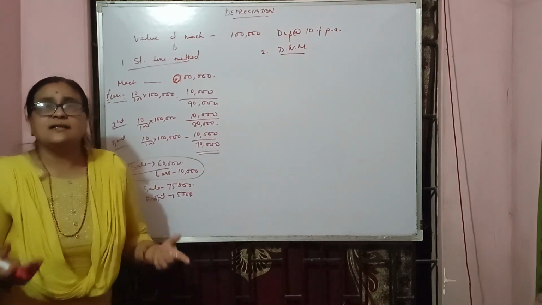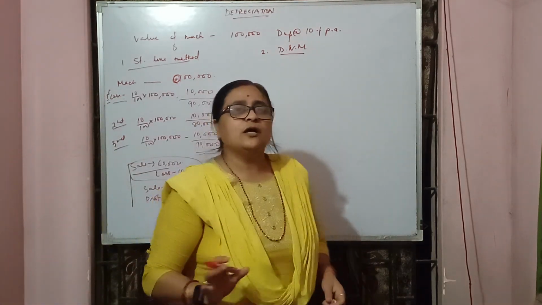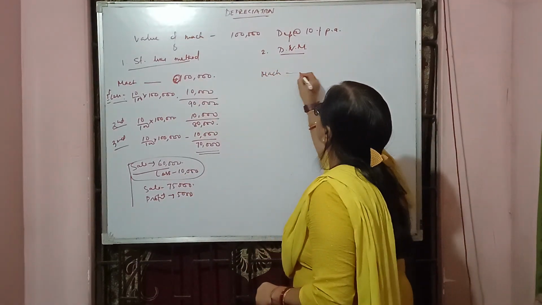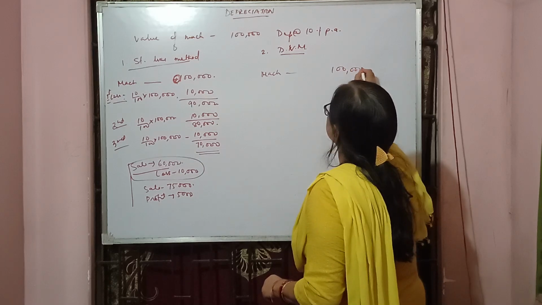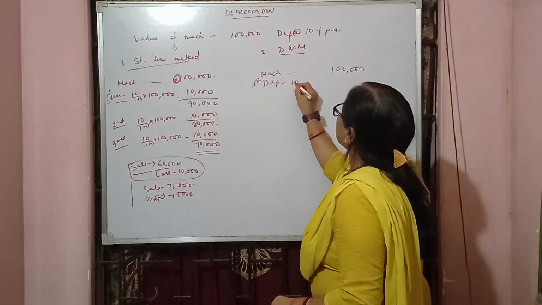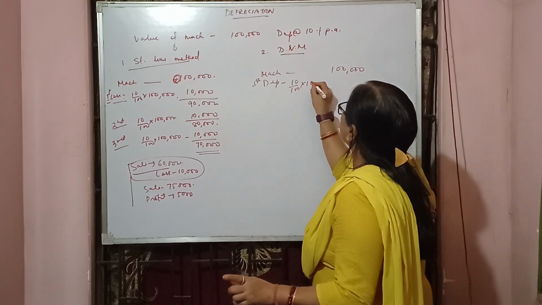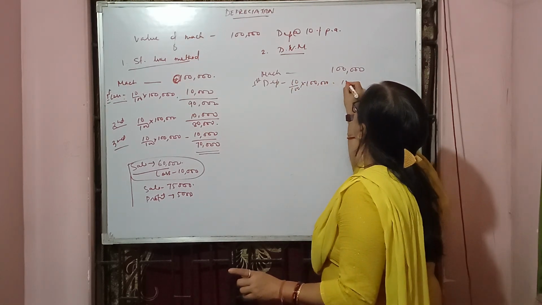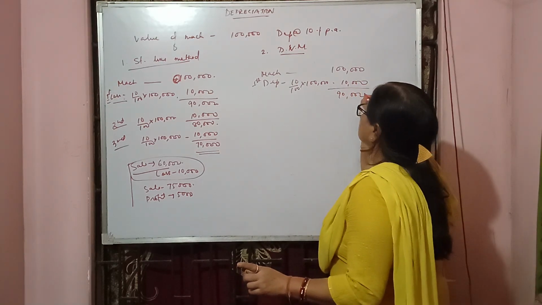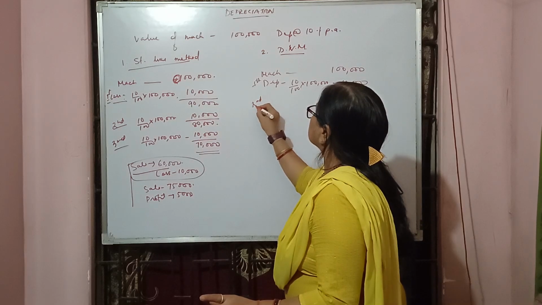Now let us come to another method, that is the written down method. Let's know the working. Value of machinery is 1 lakh in both the cases. First year depreciation will be 10 by 100 into 1 lakh. So remember one thing, first year depreciation in both the methods will be the same. Now comes the difference, that is the second year depreciation.